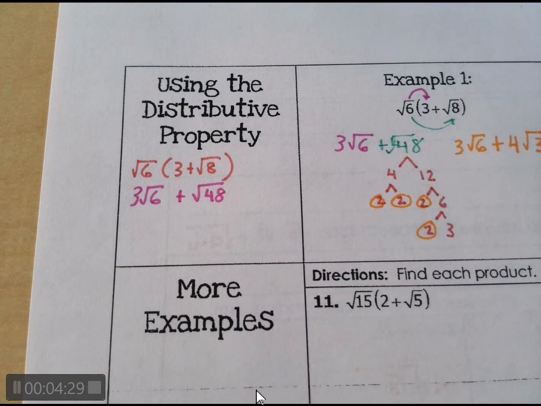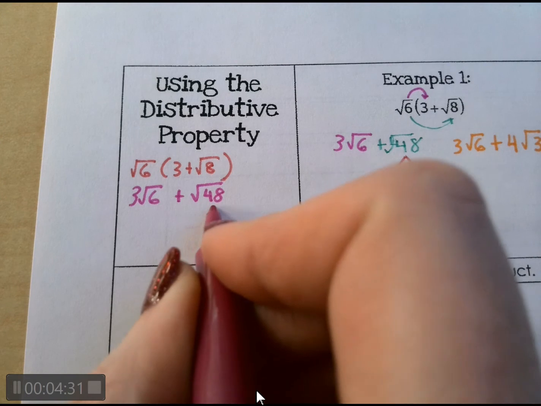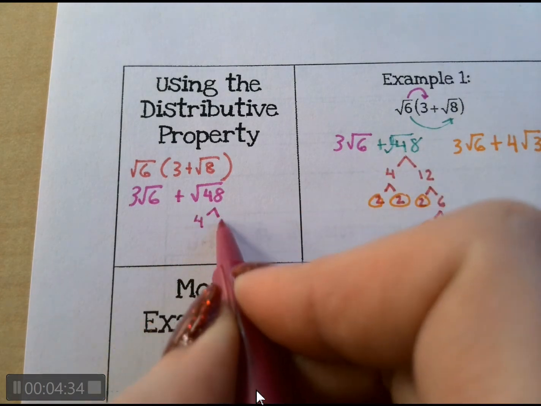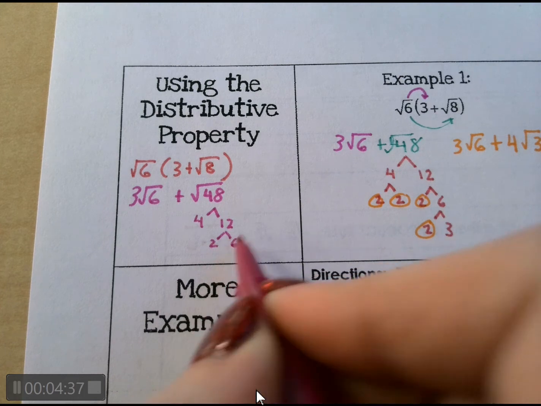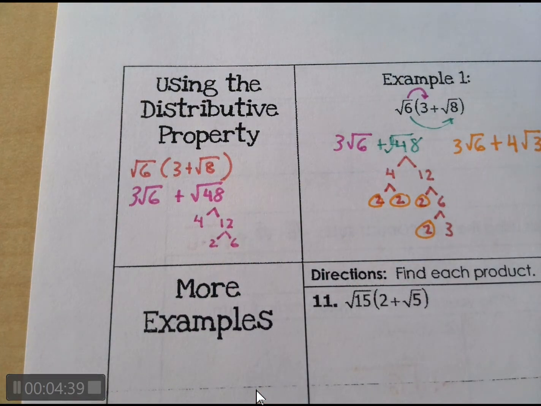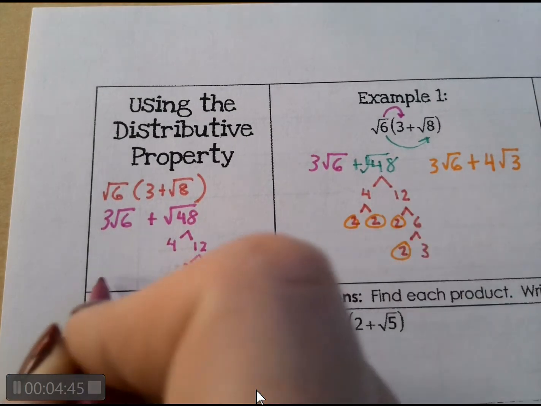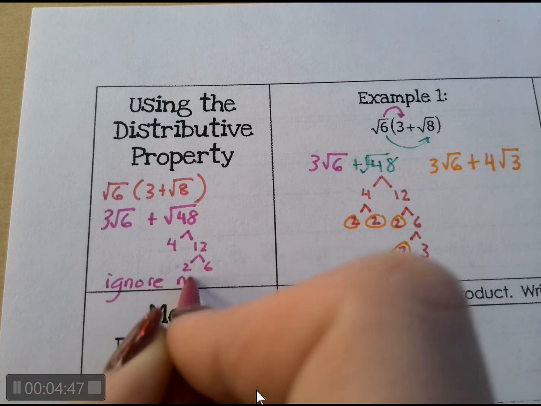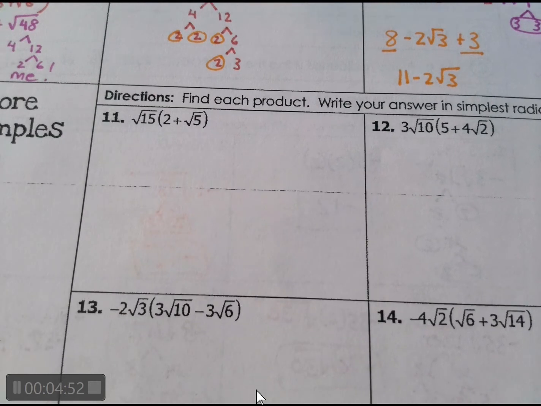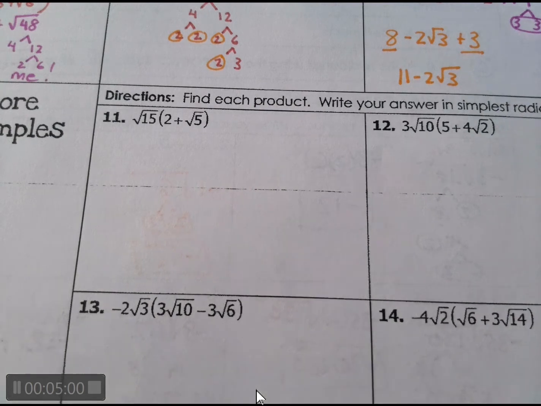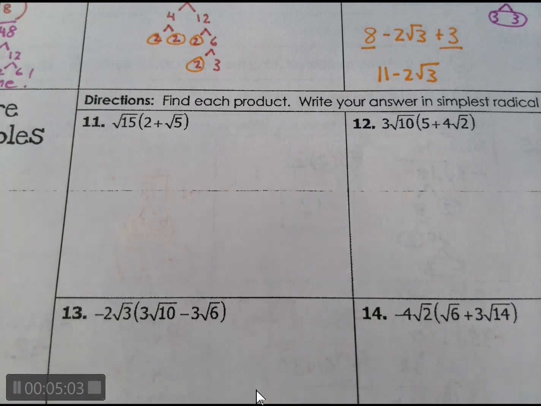But this answer stays the same. Oh wait, no, I'm wrong. There are no 2 answers. I was wrong. Ignore me. I almost made a mistake. I thought there was another way to simplify it. There is not. We are moving on.